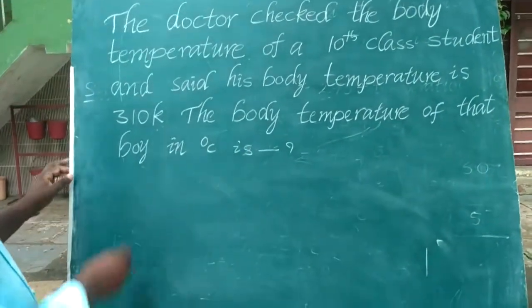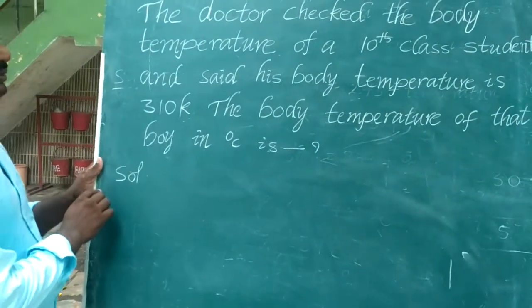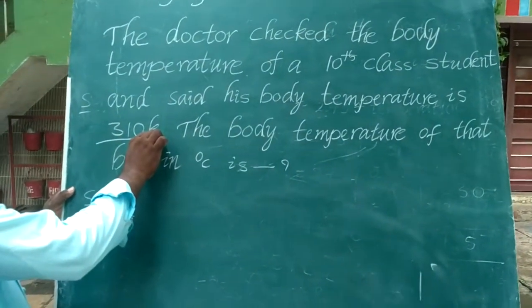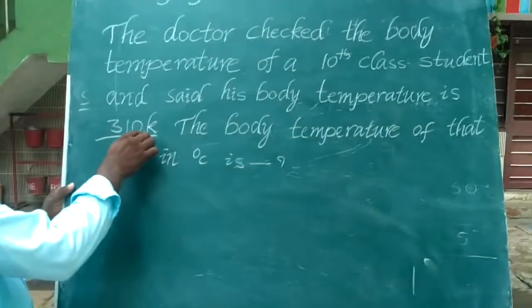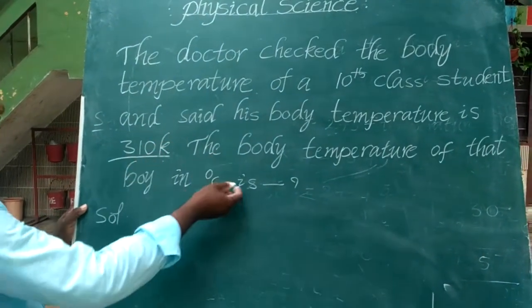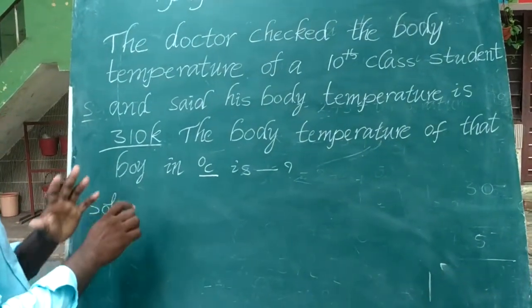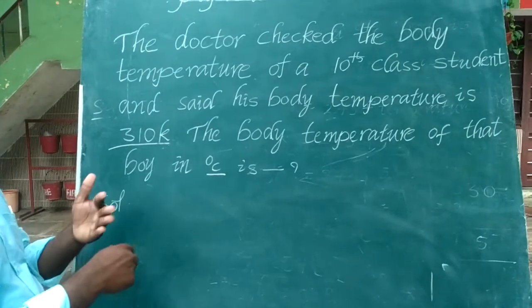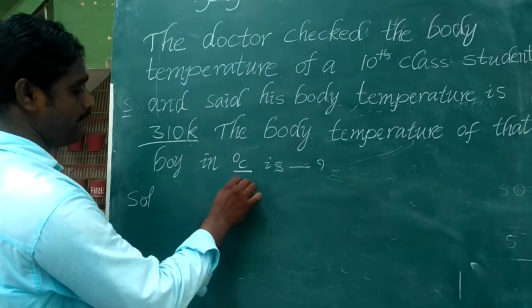And here, what is the given? The body temperature of the student is given as 310 Kelvin, so the temperature of the 10th class boy is given on the Kelvin scale. Now the Kelvin scale is to be converted into degrees Celsius. Which is the formula?